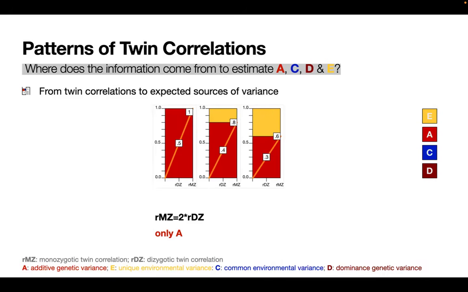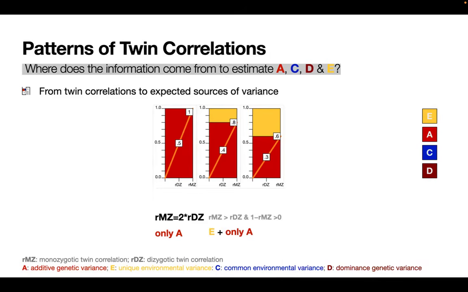In this next scenario, we have a pattern where the MZ correlation is no longer 1, but reduced in the first instance to 0.8 and later to 0.6. So now the difference between the MZ correlation and 1 gives us an indication of the magnitude of the unique environmental factors depicted in yellow.